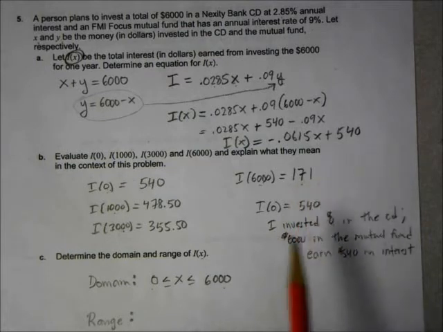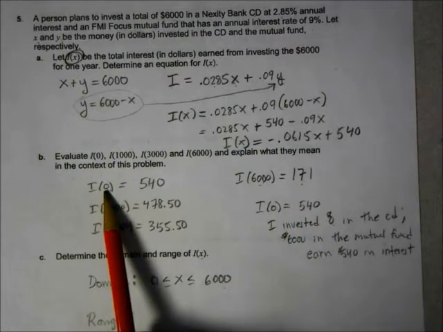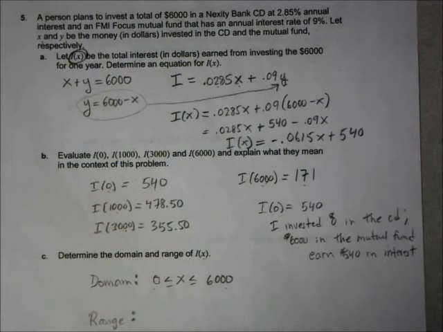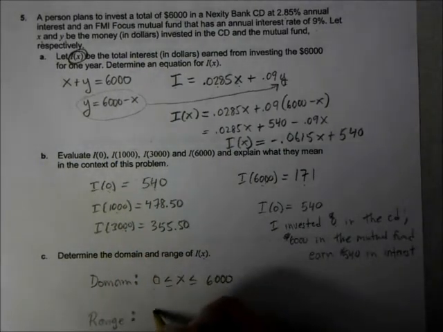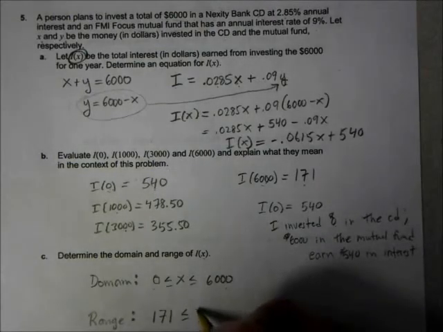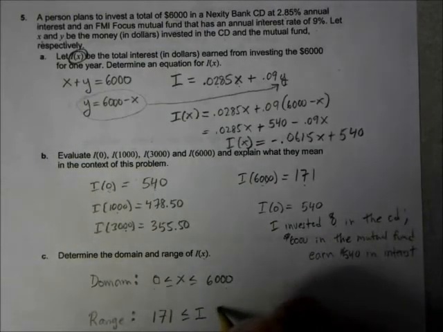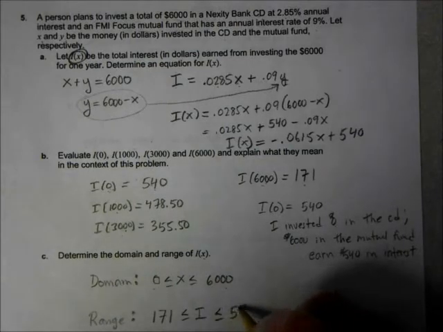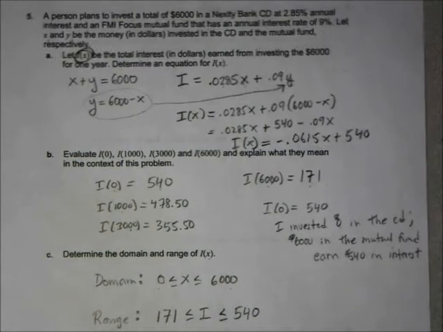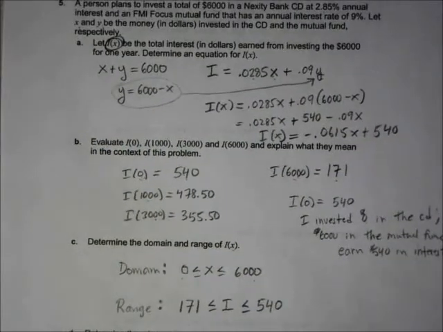Conversely, if I put none of my money in the CD, that's the best I could do, most interest, I would earn $540. So I think my range is, the worst I can do is gain $171, and the best I can do is earn $540. So my range is, my interest is going to be between 171 and 540.